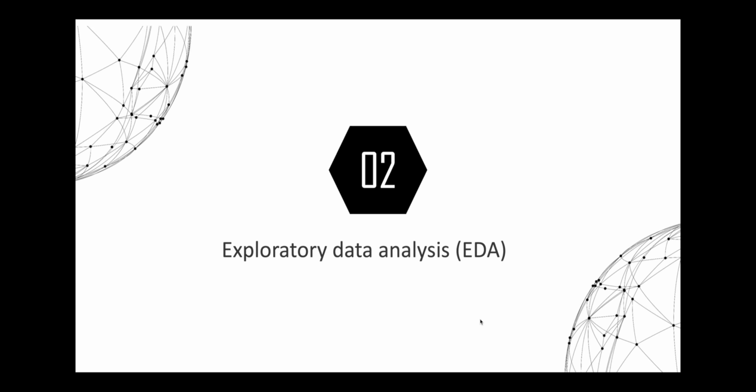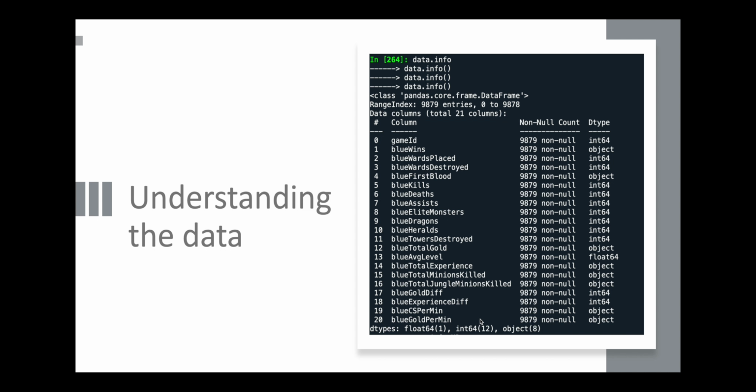Okay, so let's take a look at our data. After importing the data into a pandas data frame, I use the info function to find the basic information of the data, and it seems there are 8 categorical columns and 13 numerical columns. I explored every column and will just present 3 typical columns here.